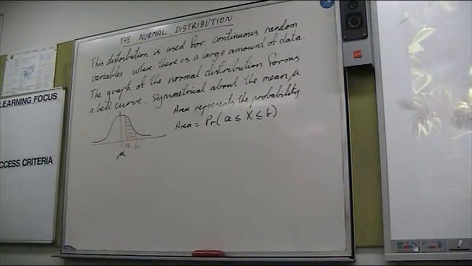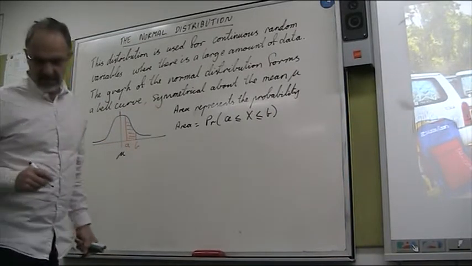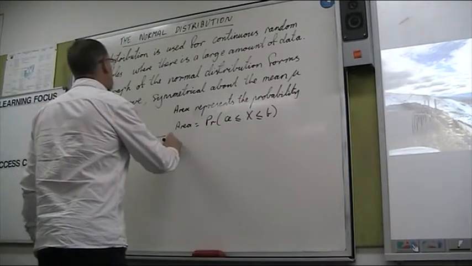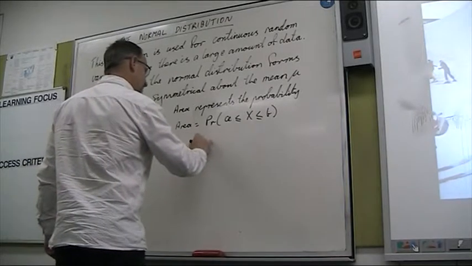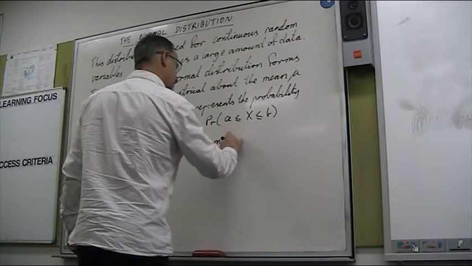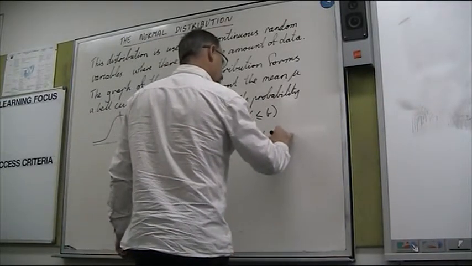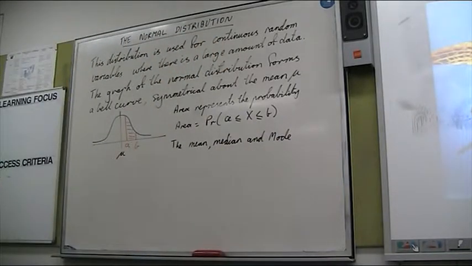The other thing, I haven't said it's symmetrical about the mean, the area represents the probability, and also the other thing about the normal distribution is that the mean, median, and mode are all the same.